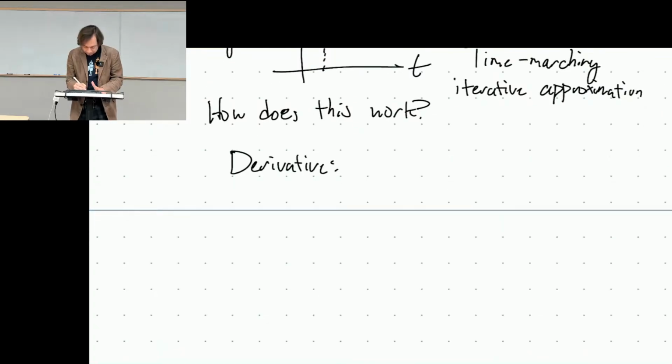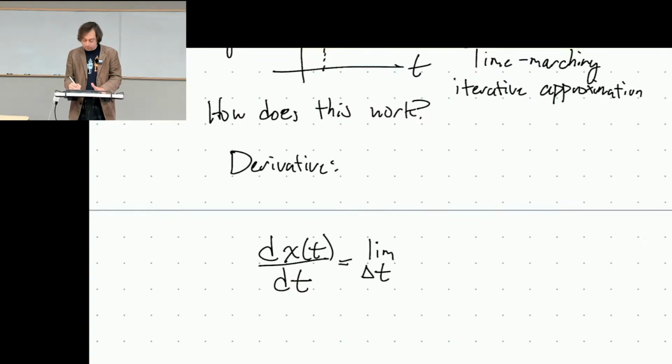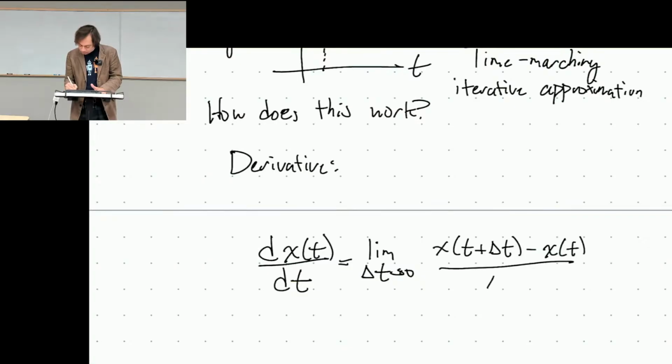Let's say you have some function x. The derivative of x with respect to time is equal to the limit as some change in time goes to 0 of x of t plus delta t minus x of t, over delta t.